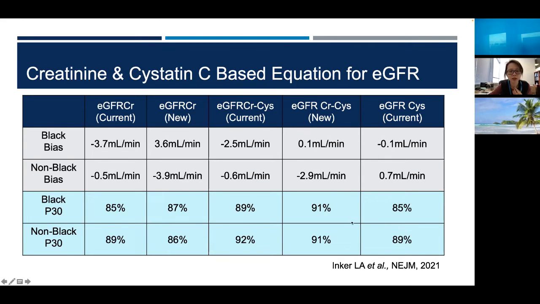In this group, the P30 is greater than 90% for both groups. So based on this, the authors conclude that the new eGFR equation incorporating both creatinine and cystatin is more accurate than the new equation that uses either creatinine or cystatin alone.